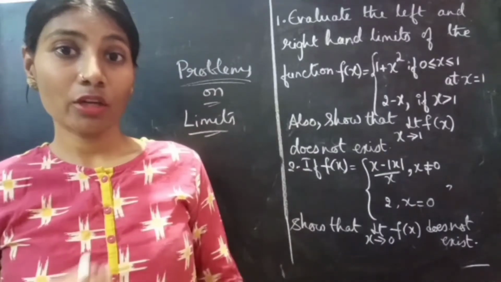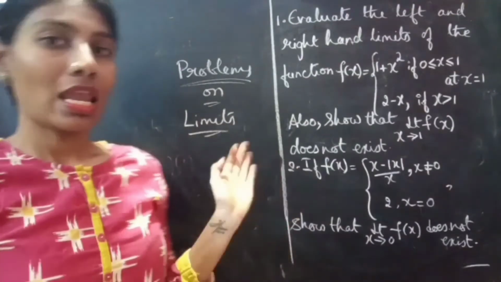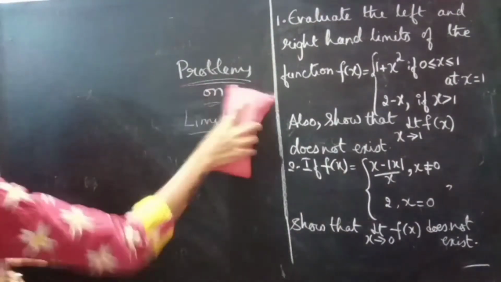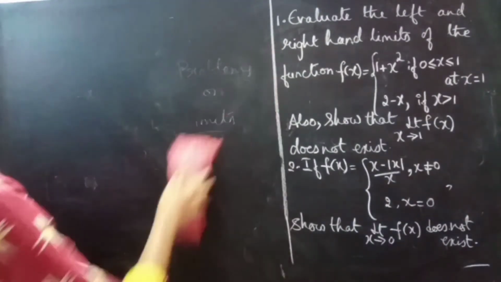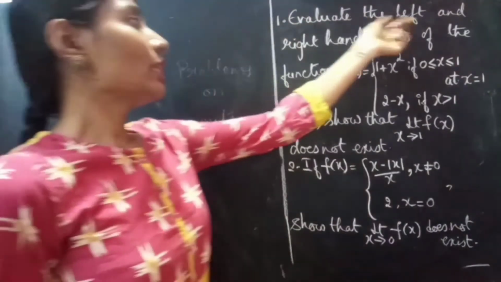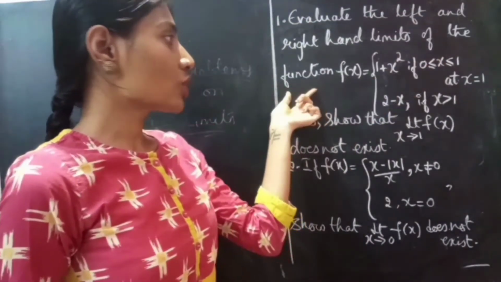In this video, we are going to do some problems on limits. These are the two problems we are going to solve now. First one, evaluate the left and right hand limits of the function.